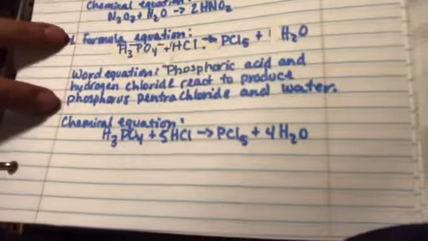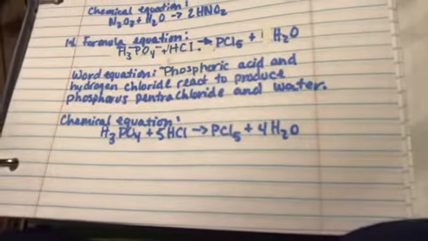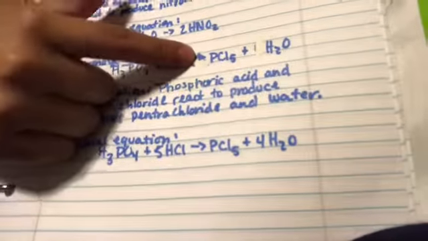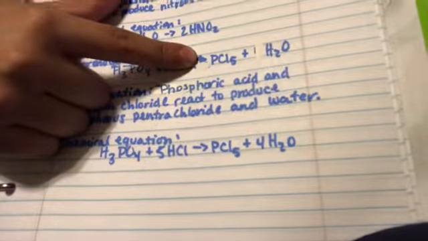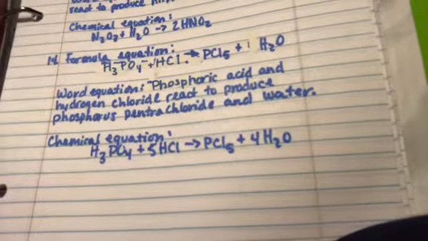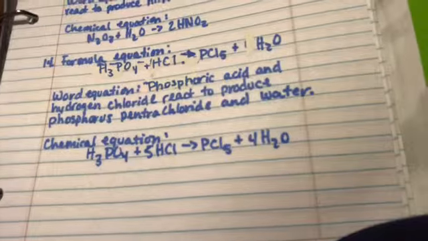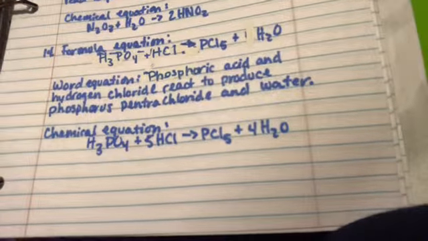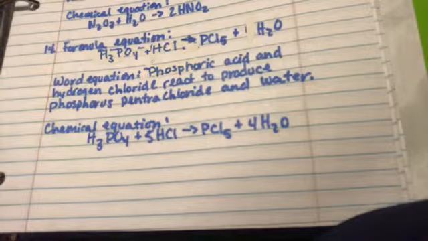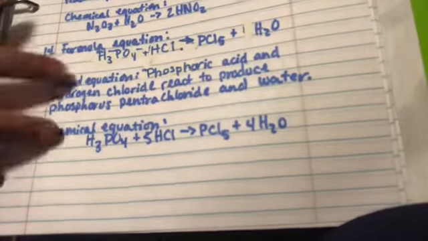For number 14, we have H3PO4 and HCl in the reactant side. In the product side, we have PCl5 plus H2O. The word equation states that phosphoric acid and hydrogen chloride react to produce phosphorus pentachloride and water.